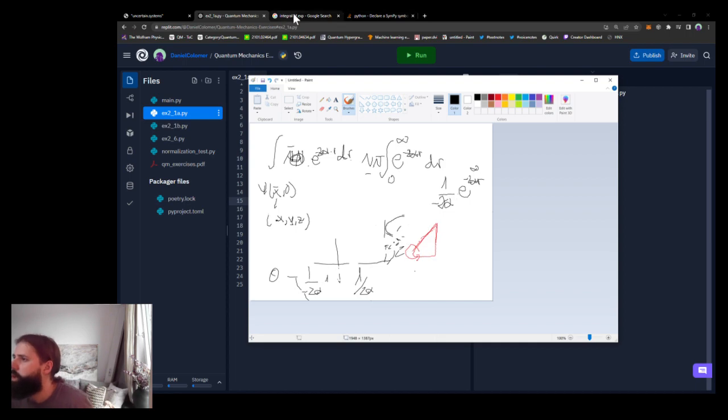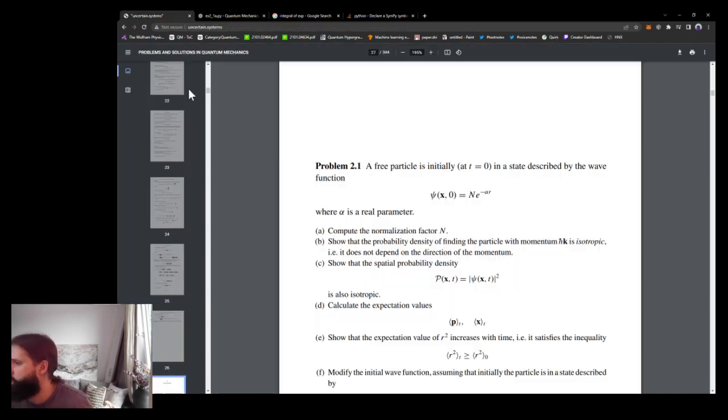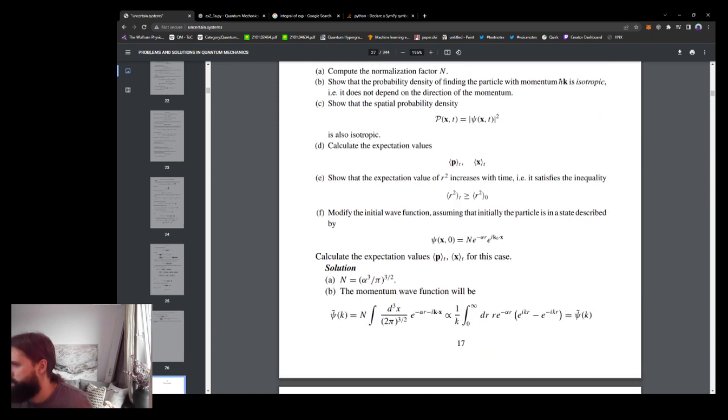Now, if we look at the solution, where is the solution here? There's no 2. There's no 2 anywhere. What the fuck?